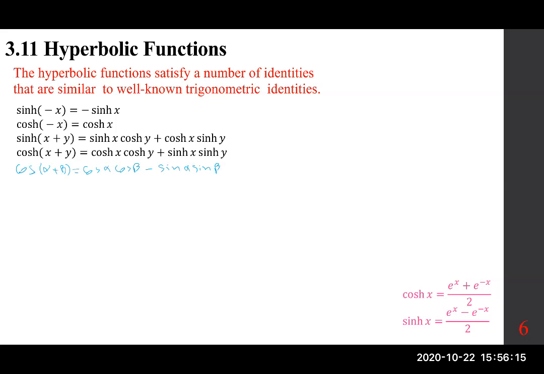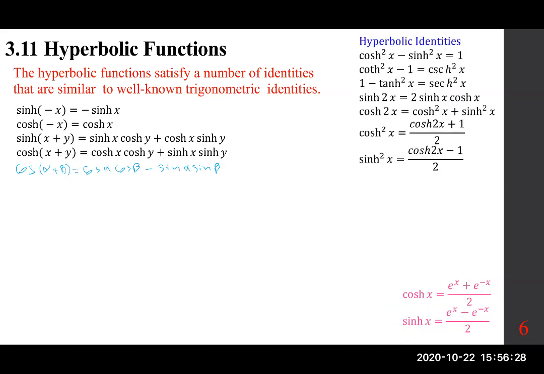I hope you remember that. So there are a lot of similarities between the identities you find here and the identities we found in the case of trigonometric functions. Those are some identities that are similar to what we have seen.